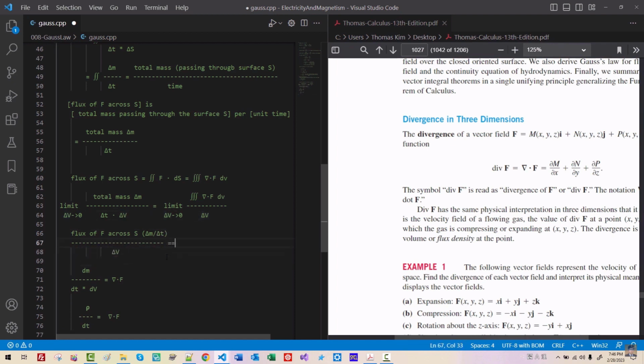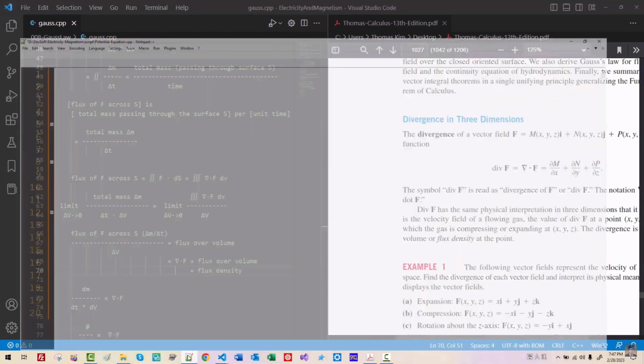So this is flux over volume on the right hand side. By cancelling dV with delta V, we got divergence F. So divergence F is called flux over volume or flux density.